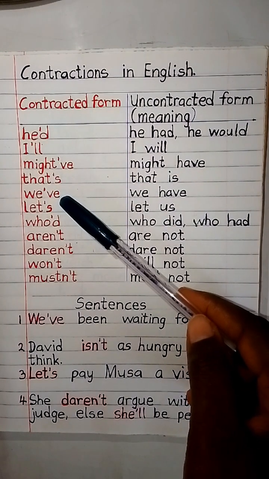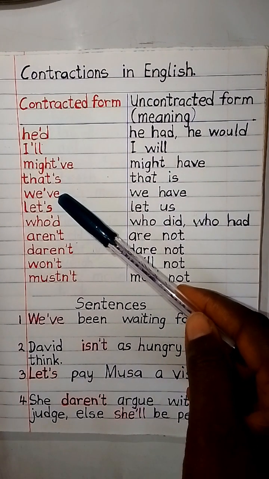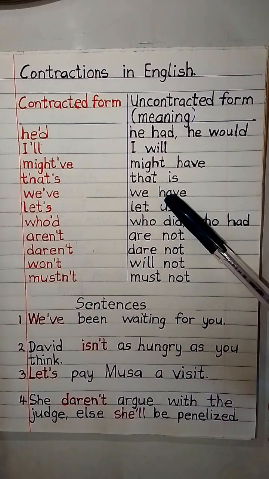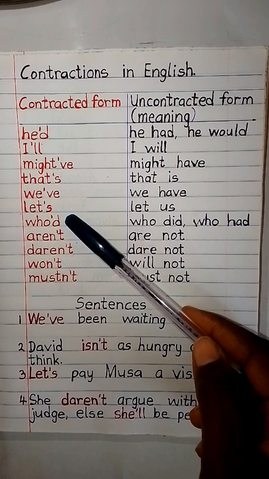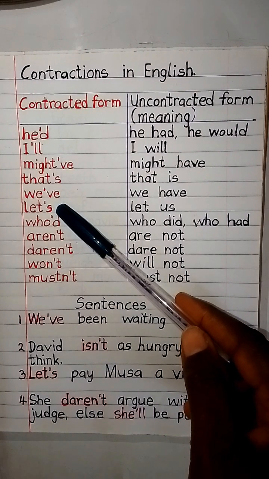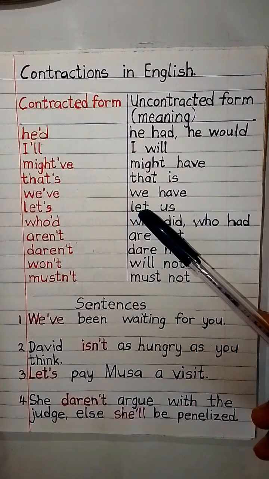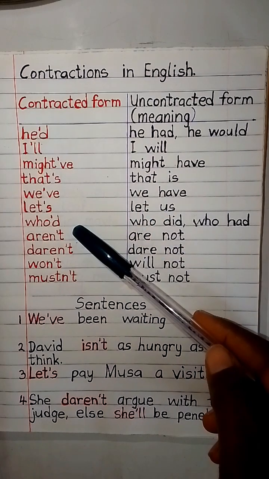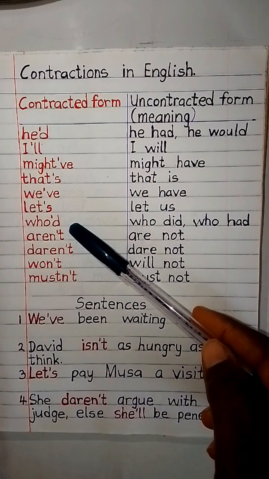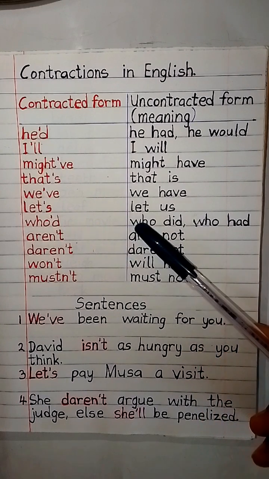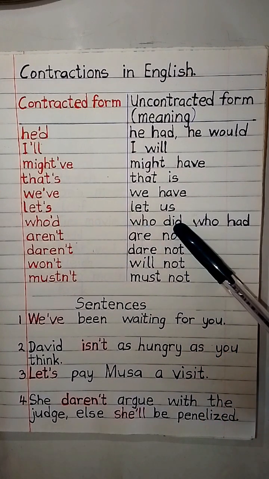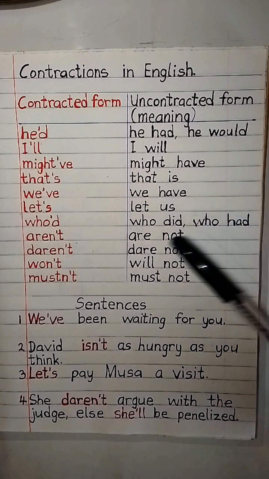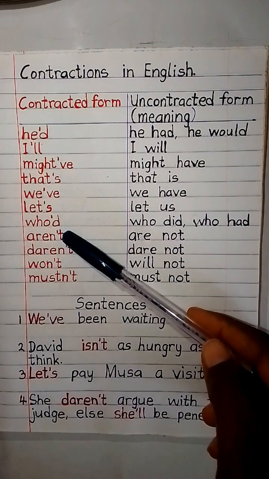We also have we've. Uncontracted form is we have. Let's, meaning let us. Who'd, who did or who had.